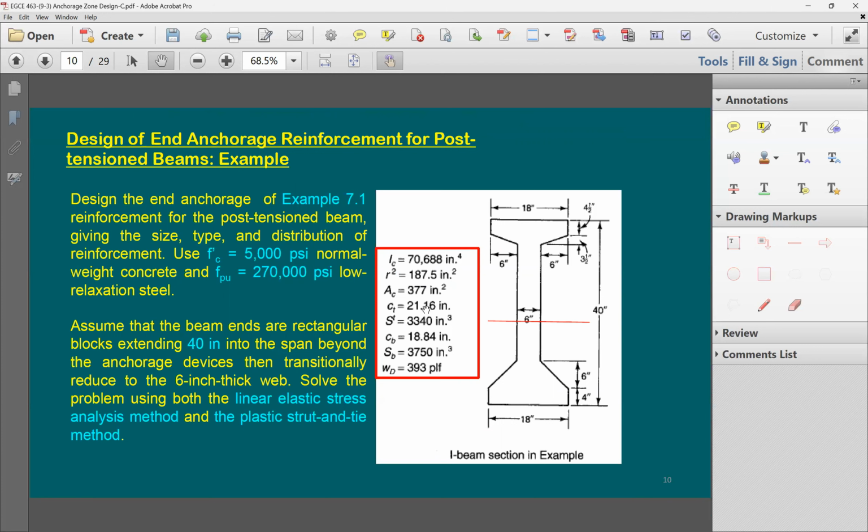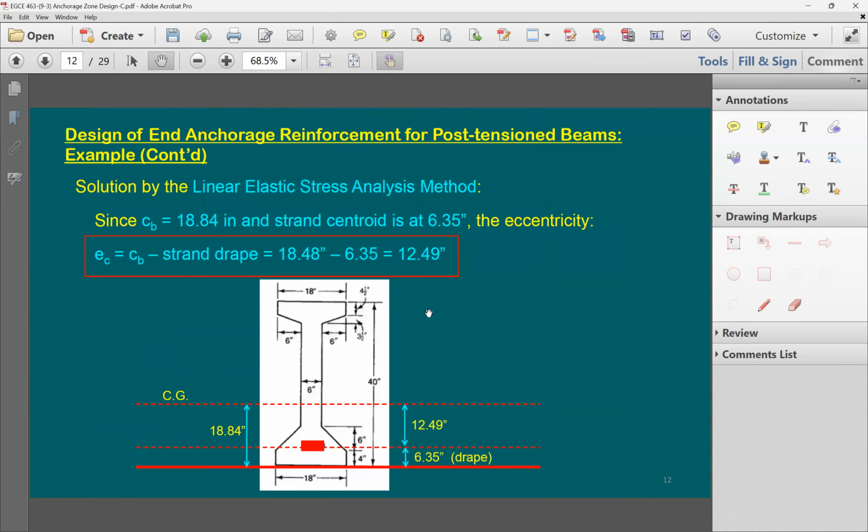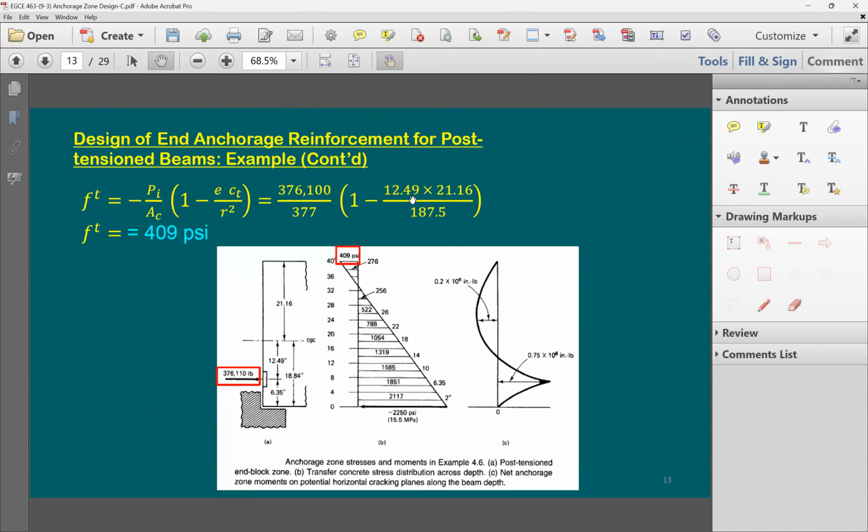Bottom is 18.84, so the top is going to be 21.16. Take this 21.16 to be your y to the top, divided by r squared, also taken from the properties for this section. I'm gonna have a stress here of 409 psi, which is gonna be tension. So the stress here, as you see in the distribution, is gonna be 409 as tension stress.